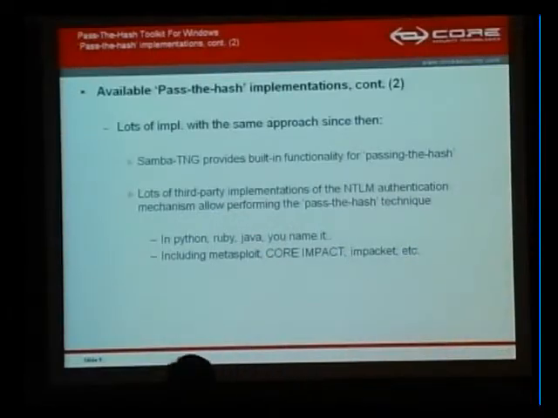Since Paul Ashton published his exploit code, there have been a lot of other implementations of the same technique. For example, there's a fork of the Samba project called Samba TNG that also provides this functionality built in without needing the code that Paul Ashton wrote. There are also lots of implementations of the various protocols included in the SMB protocol, written in Python, Ruby, Java, practically every language.